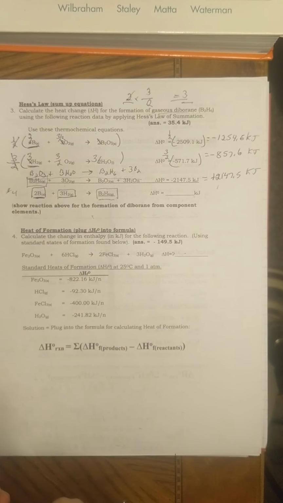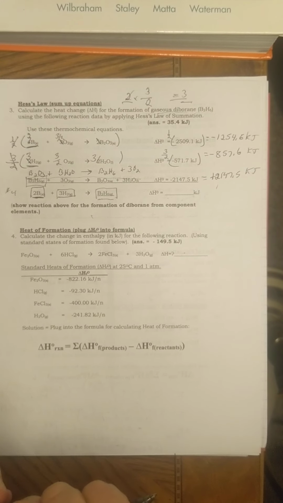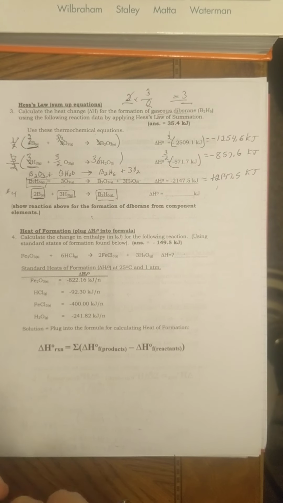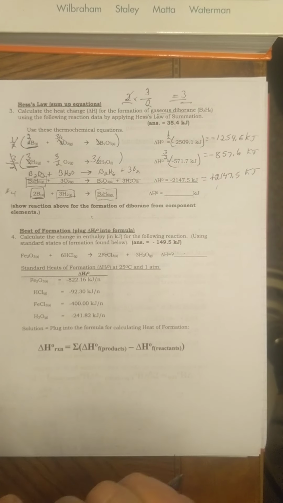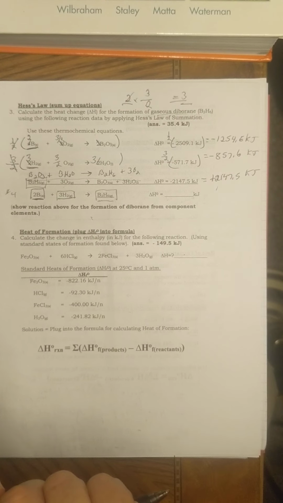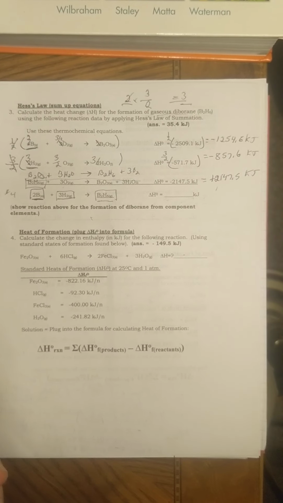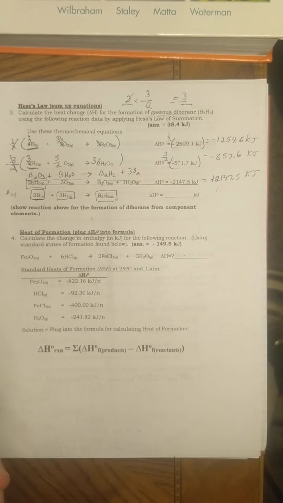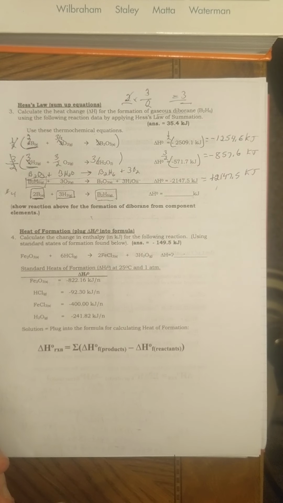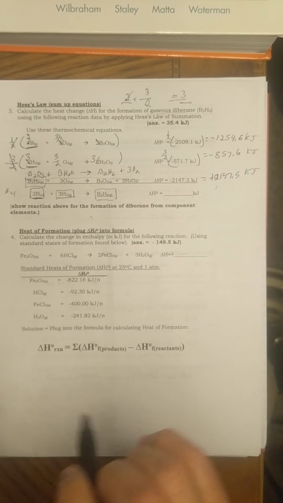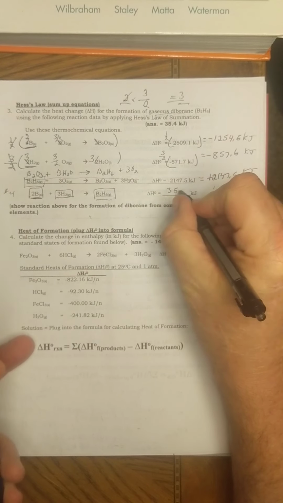So we're going to use summation: negative 1254.6 minus 857.6 plus 2147.5. So I get 35.3 positive.